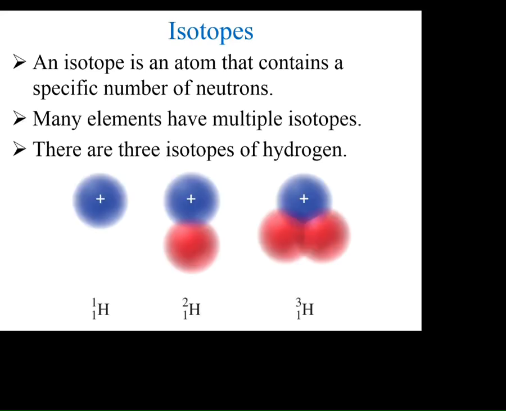So, for example, hydrogen just normally has 3 isotopes in nature. So when you just grab some hydrogen out of the air, you're actually grabbing a mixture of isotopes. Now they're all hydrogen, they all have 1 proton, but they have differing numbers of neutrons.